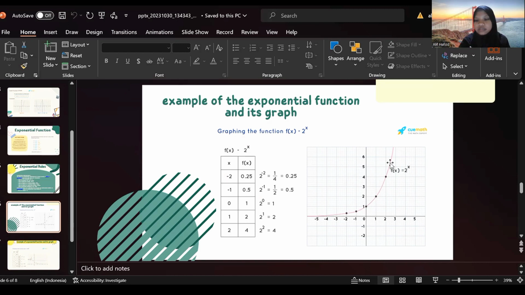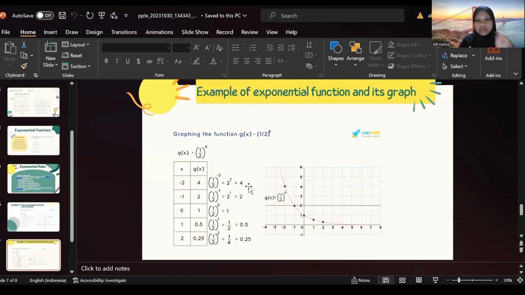But on the other side, when the function has a negative result, the line will be like this. It decreases from the top to the bottom, decreases slowly, and then reaches the bottom of the line.